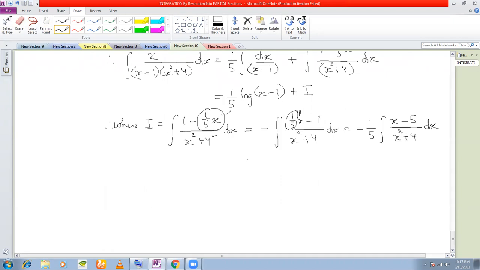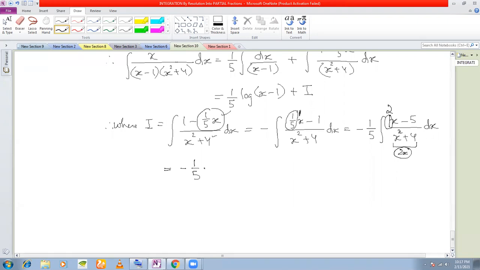Then the next step will be minus 1 by 5. Now, the derivative of this is 2x, right? But I have 1x here. So I want to make this 1 as 2.